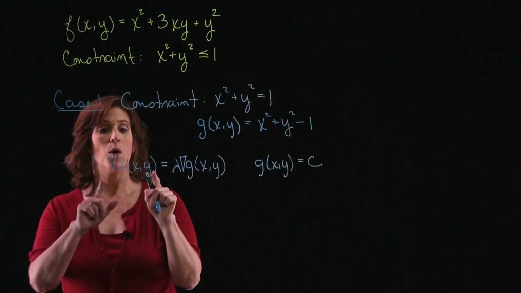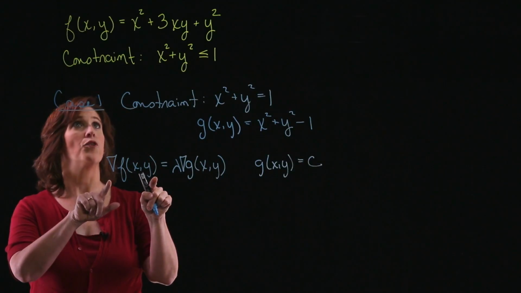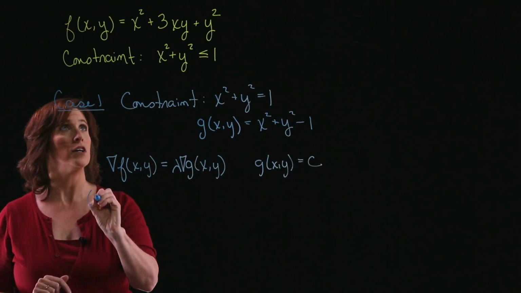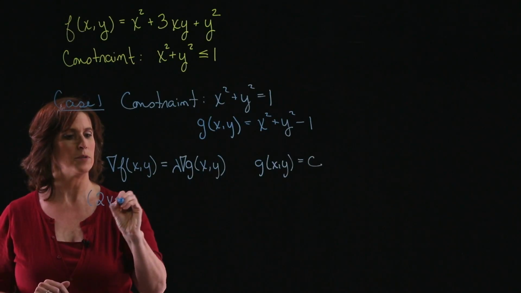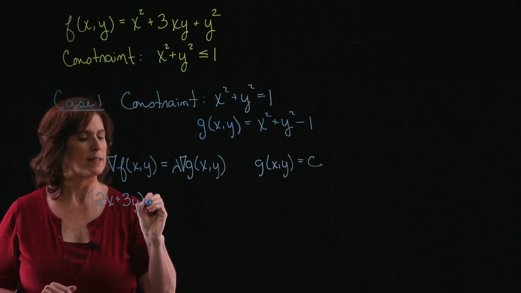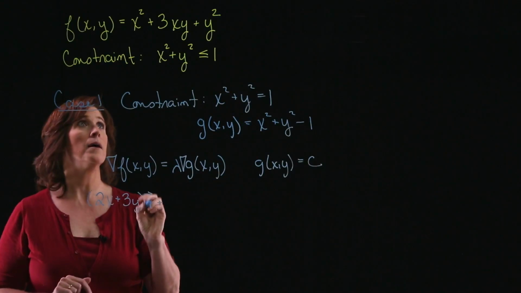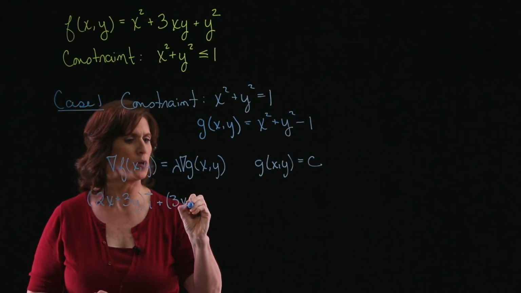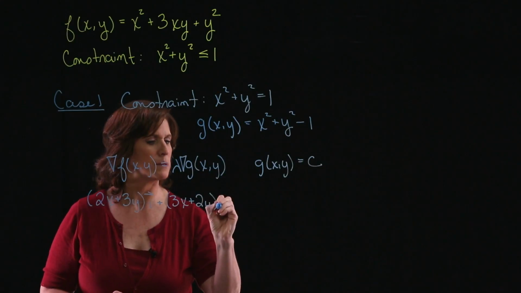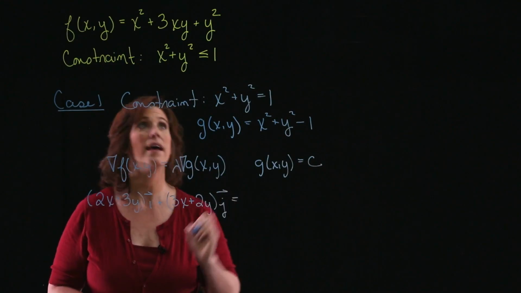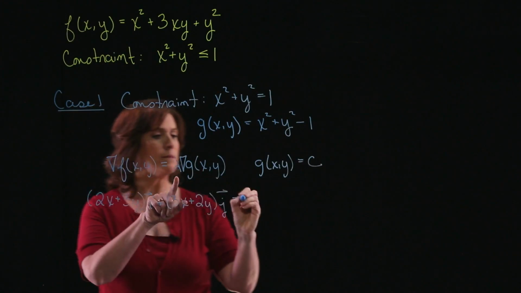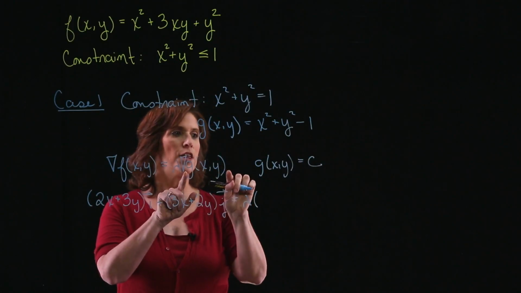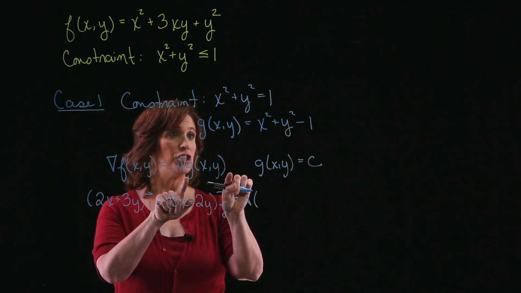So for this problem, what's the gradient of f? Well, the gradient of f is going to be (2x + 3y) times my vector i plus (3x + 2y) times my vector j. And this will equal lambda times the gradient of my function g.